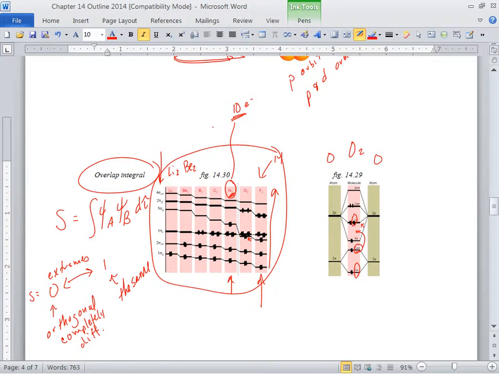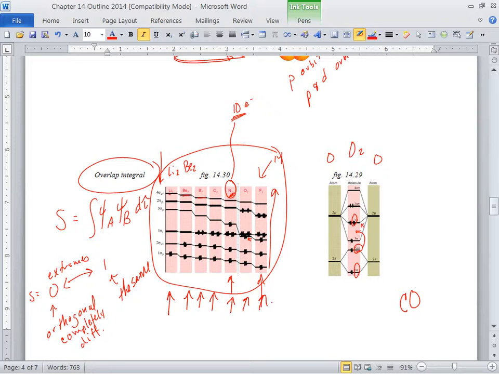If it's not homonuclear, see here, these all have g's and u's on them because these are all homonuclear. But if I pick something like CO, oh, here's a good one. CO, a diatomic heteronuclear molecule. Which one of these columns am I going to use? In other words, I should really use the right terminology: which is it isoelectronic with?